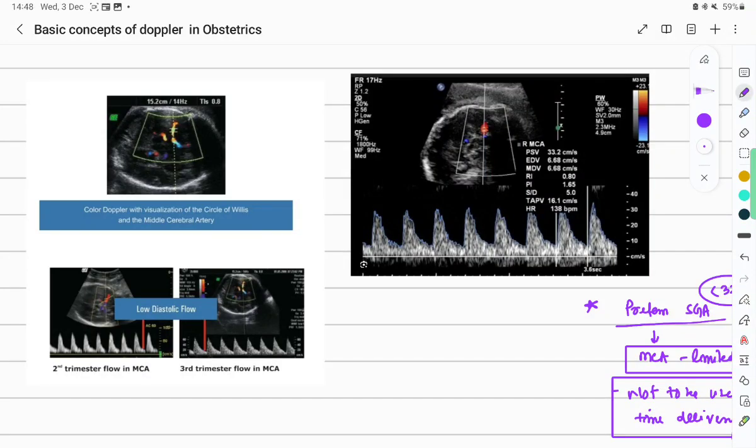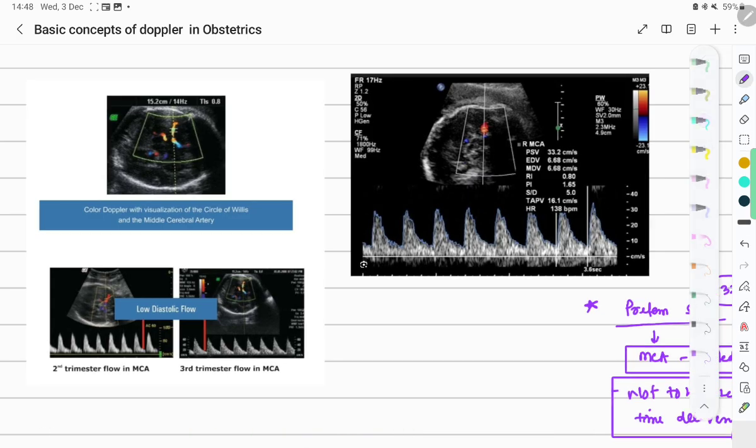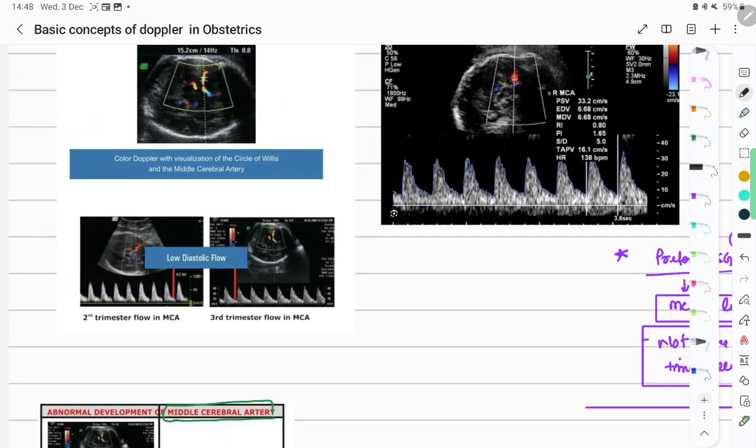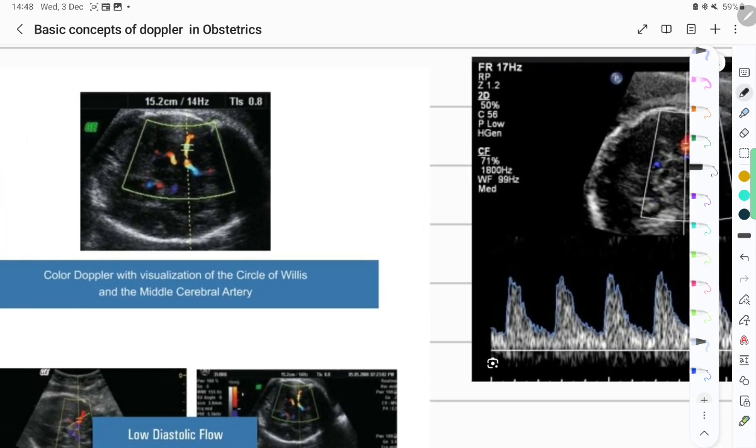Next part of discussion is MCA artery Doppler. MCA is the middle cerebral artery.